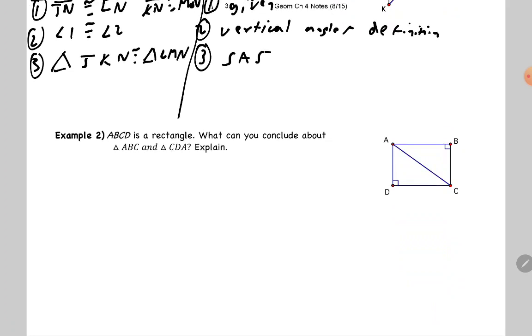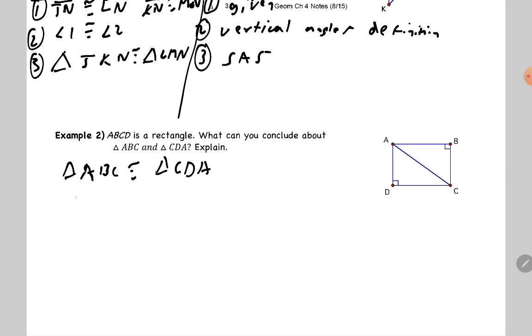ABCD is a rectangle. What can you conclude about triangle ABC and CDA? We can conclude that triangle ABC is congruent to triangle CDA.